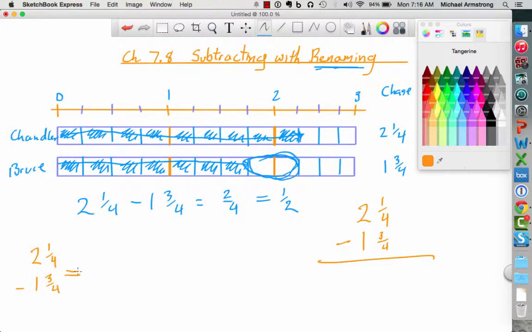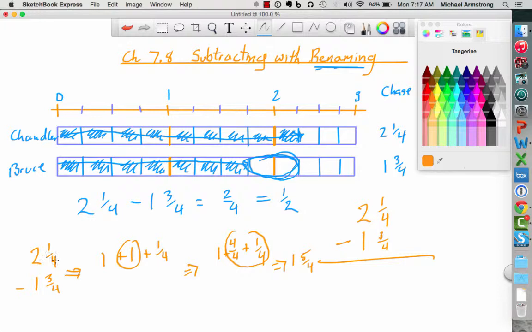We're going to rewrite it as 1 plus 1 plus 1/4, which is the same as 2. And then we're going to change one of the 1s into 4/4. Then we combine 4/4 plus 1/4, so it's going to be 1 5/4.